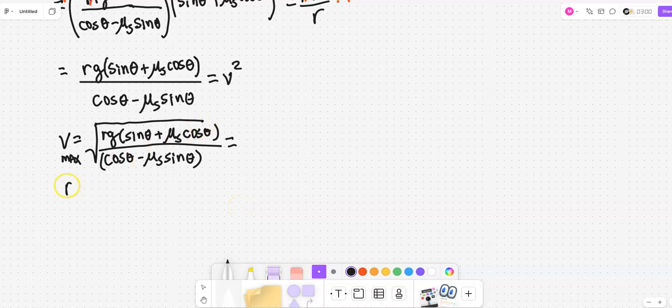But remember that the radius was 335 meters, theta was equal to 33 degrees, and mu s was equal to 0.07. All right, let's fill everything in.